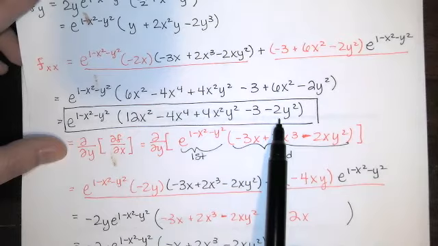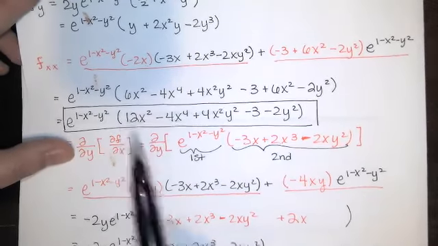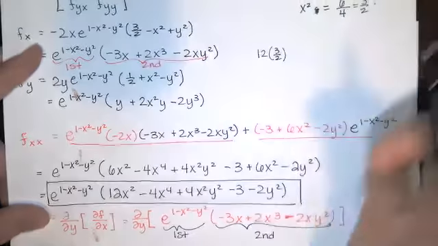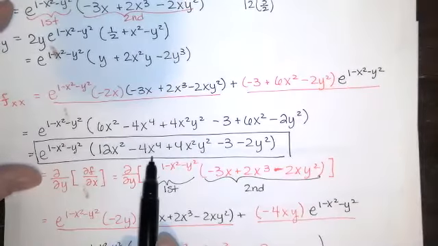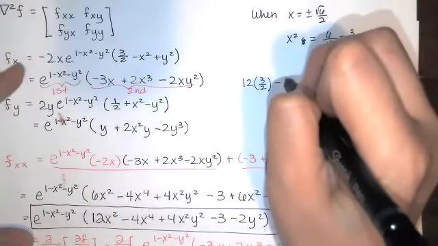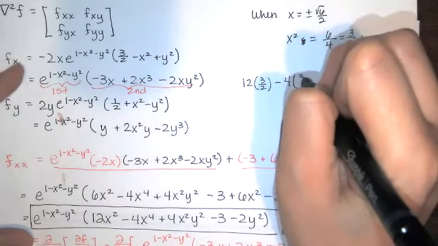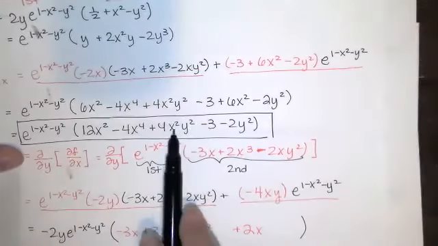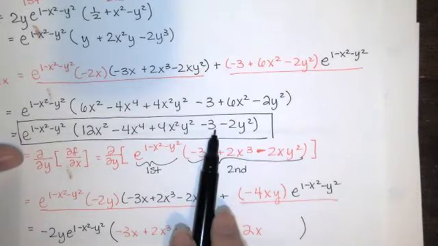Over here, I've got 12 times x squared, and x squared is 3 over 2, minus 4 times x to the 4th. And x to the 4th is x squared squared, so we have 3 over 2 squared there. Y is 0, so that guy's gone. We still have a negative 3. Y is 0, so that guy's gone.